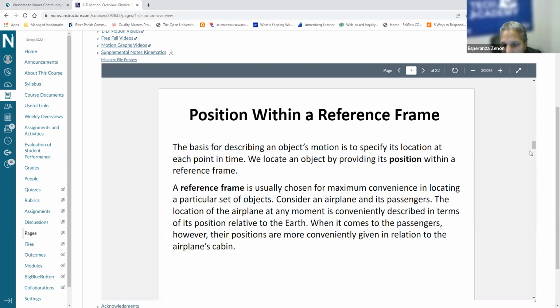So they give another nice example here. You have an airplane and its passengers. It says the location of the airplane at any moment is conveniently described in terms of its position relative to Earth. But for the passengers that are inside, it's more convenient to measure with respect to the plane itself.